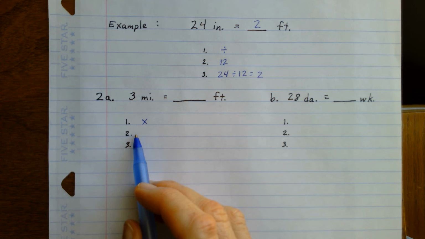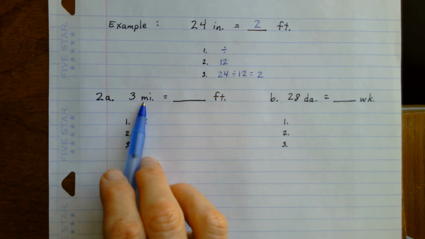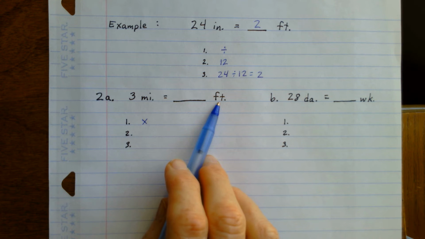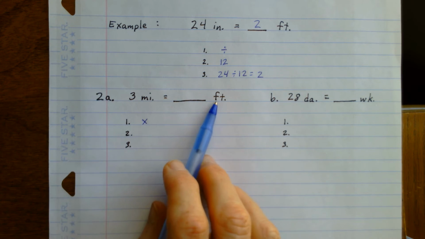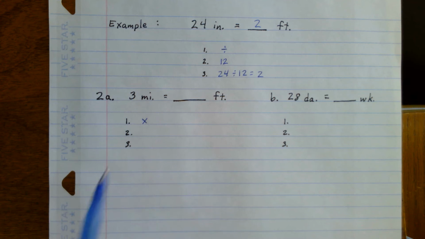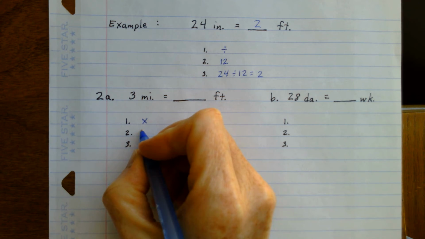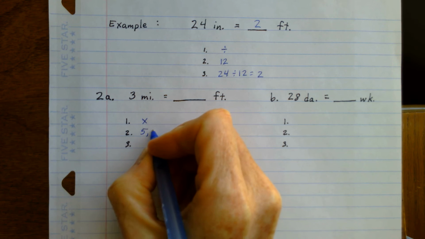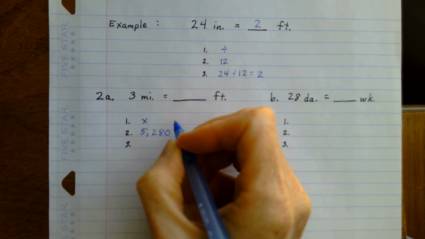All right, number 2, by how much? Well, I'm comparing miles and feet. And I don't have it memorized how many feet are in a mile. So I'm going to look back in my book, go find the lesson that was about linear measures, because feet and miles are linear measures. That's page 15. I'm looking for feet and miles. I find it says 5,280 feet equals 1 mile. So I'm writing that here. By how much? By 5,280.